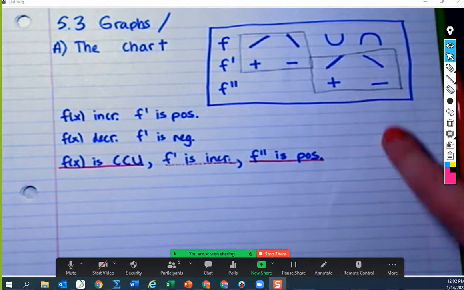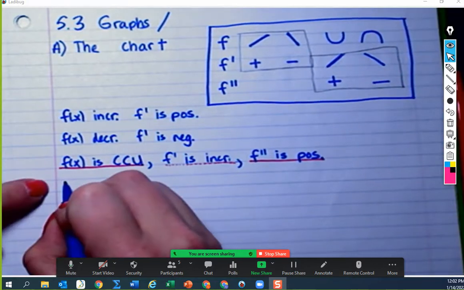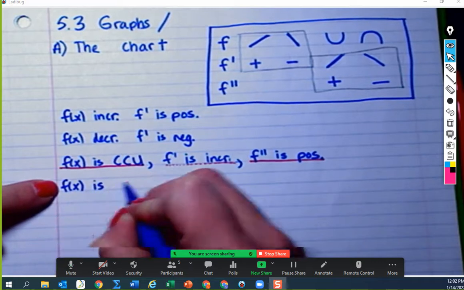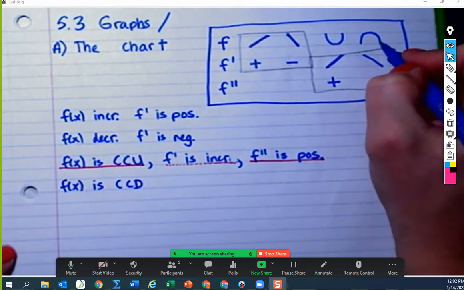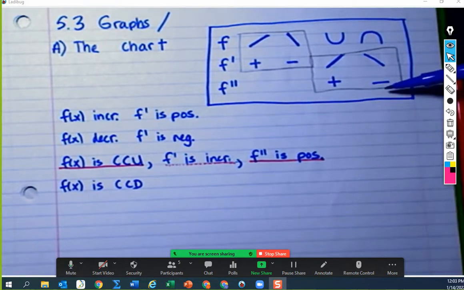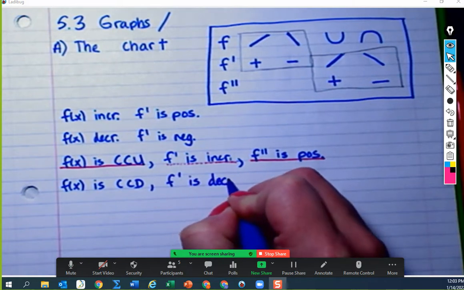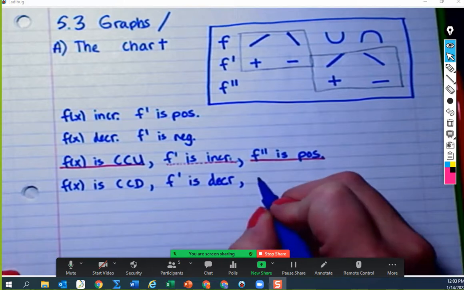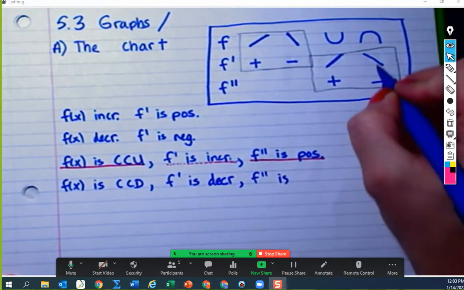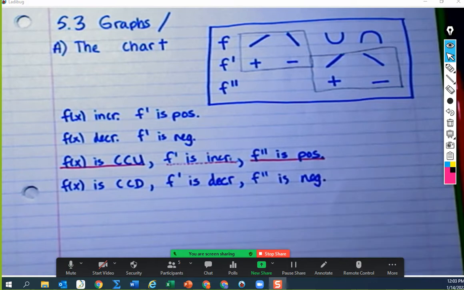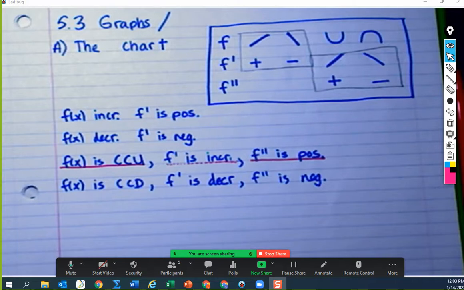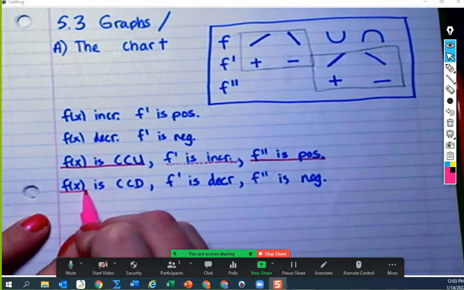Now I'm going to do the fourth column. F of x is concave down. Okay, I'm going to go straight down, comma. F prime is decreasing. Double prime is negative. Whew, that was easier than trying to write all those sentences or memorize them. Like, that's it. Okay, so usually we're used to looking at just this part.